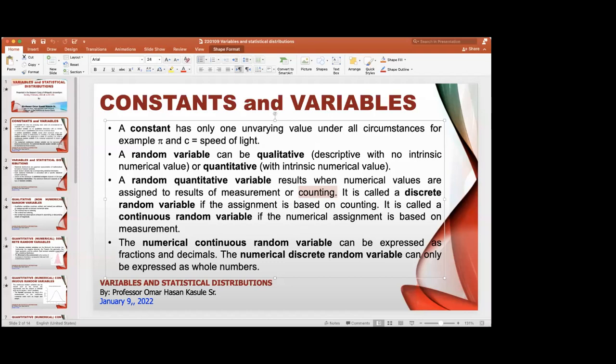Now, discrete variables are those variables that are based on counting. Continuous variables are those based on measurement. This is very important because all the statistical tests that we do depend on this. Like the discrete variable, we use the chi-square test.